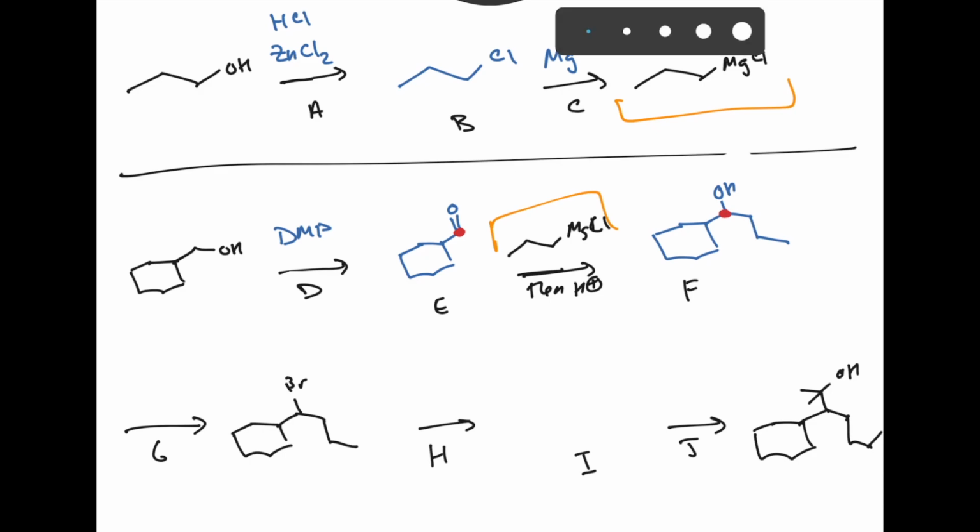And then I have 1, 2, 3, 1, 2, 3. So I have this secondary alcohol. I need to turn it into a bromide. How can I do that?